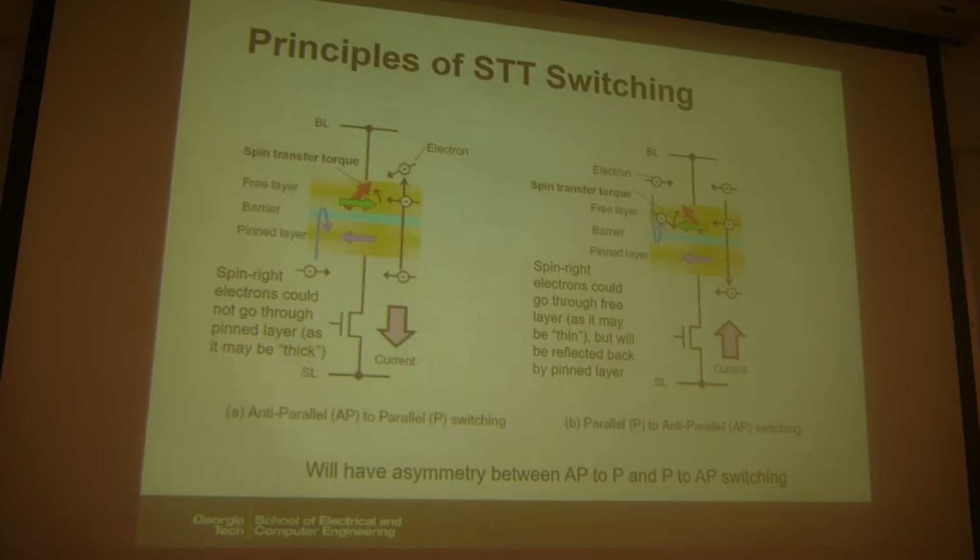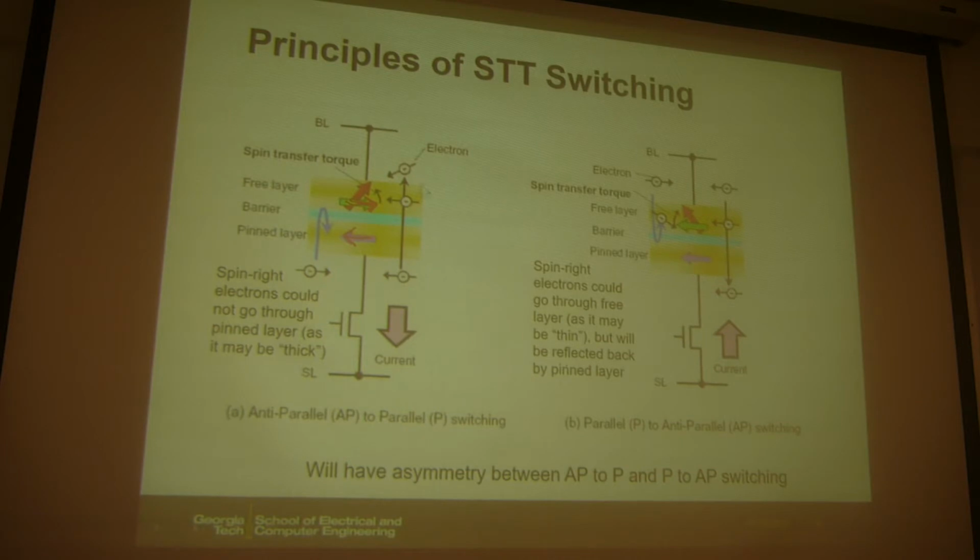So let's look at the principle of the STT switching. Here, let's look at the first one. This is if you want to switch from the anti-parallel state to the parallel state. So initially, let's assume the pinned layer is to the left, and initially the free layer is to the right.